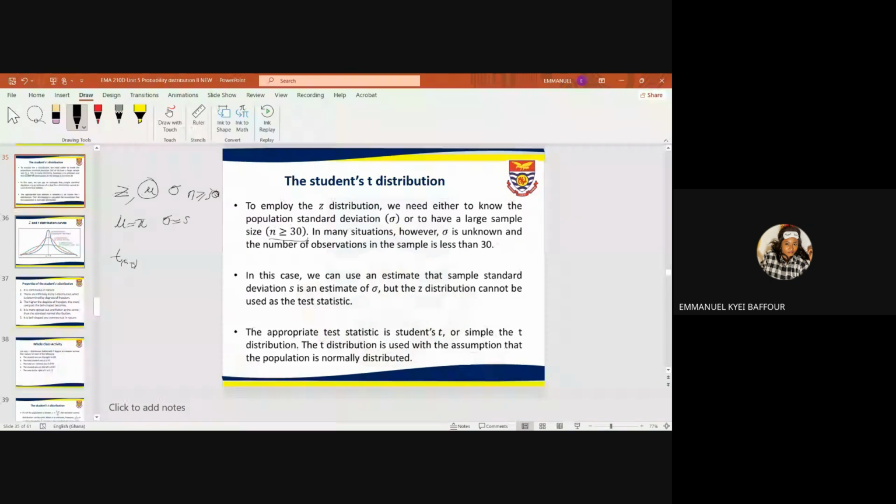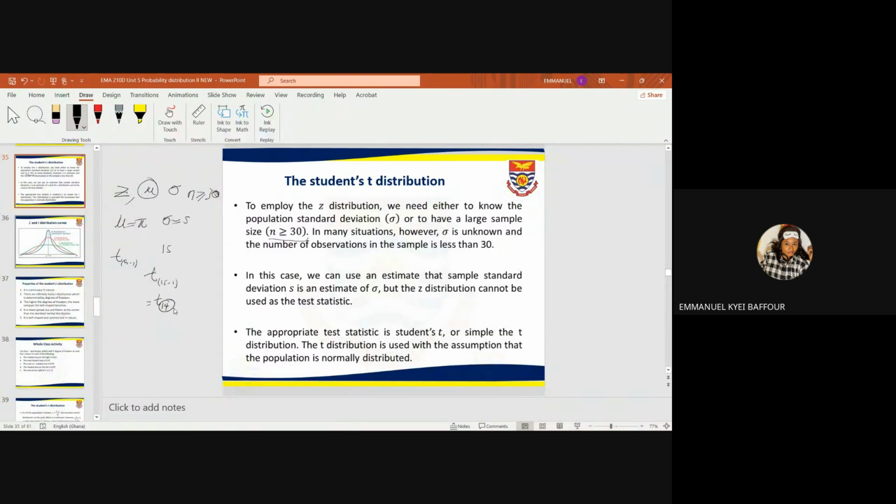So assuming you have a sample size of 15, then you are going to have a T distribution of 15 minus 1, so T of 14. This 14 is the degrees of freedom.